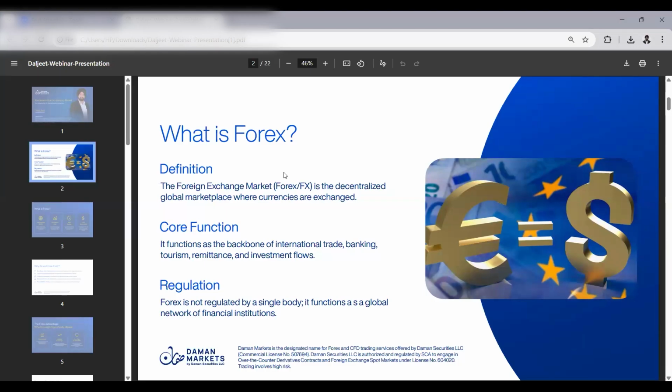For 1 dirham, approximately 25 Indian rupees have to be paid. So if I want 1000 dirhams, 25,000 Indian rupees have to be paid. Similarly, US dollars can be exchanged to dirhams, or any other currency can be exchanged in terms of dirhams. This currency exchange is called foreign exchange.